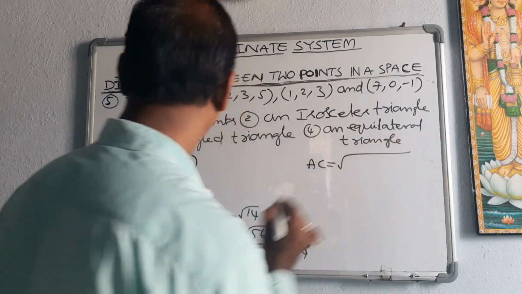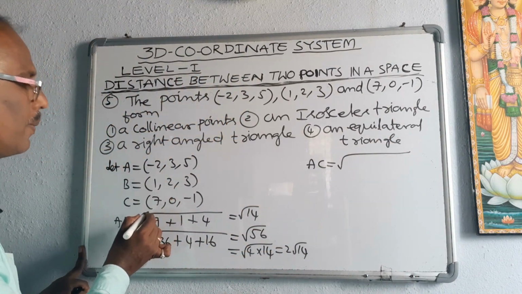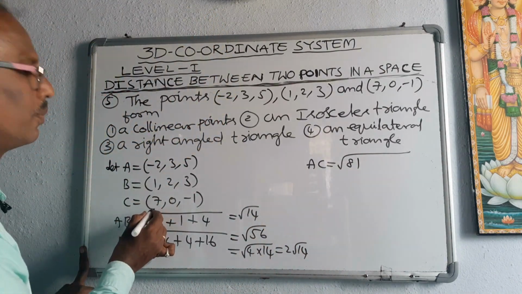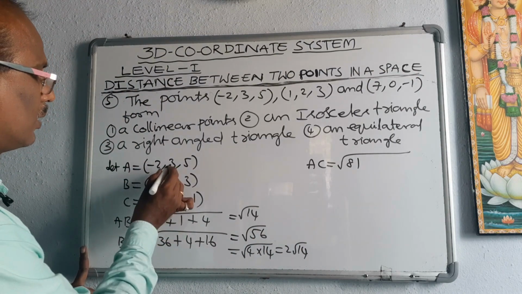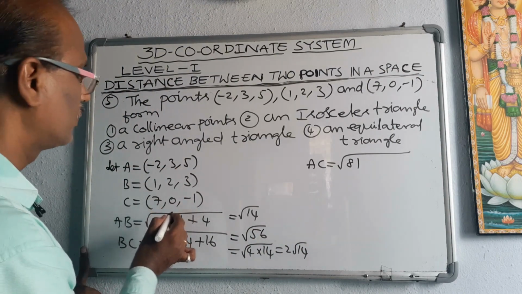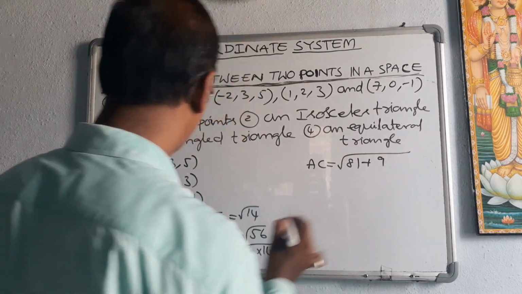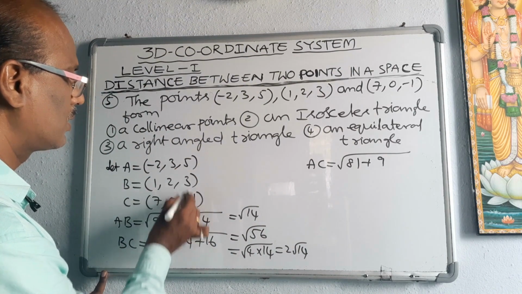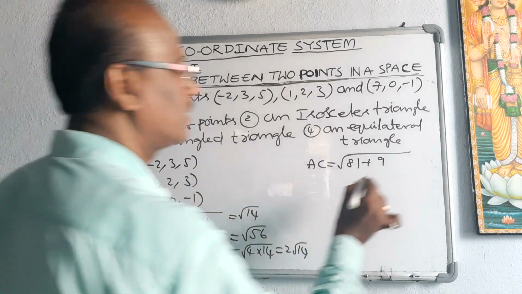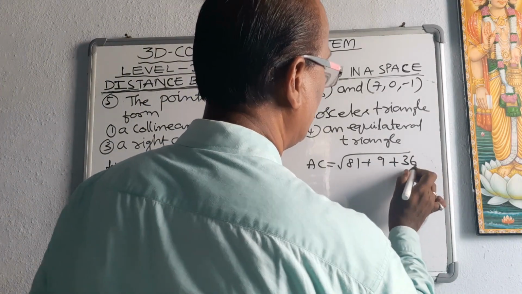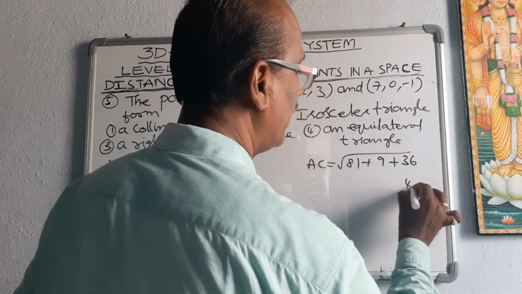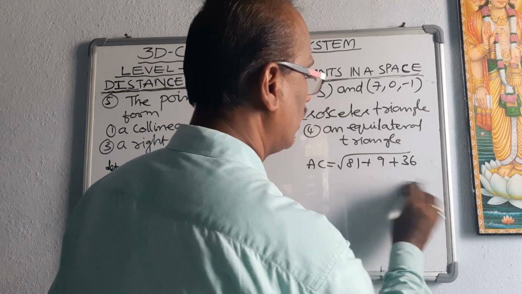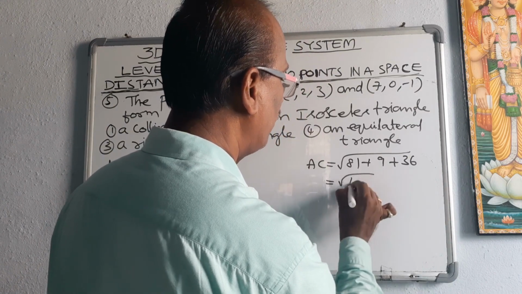AC distance: (minus 2 minus 7) minus 9 whole square, 81, plus (3 minus 0) whole square, 9, plus (5 minus minus 1) that is 5 plus 1, 6, 36. 36 plus 9 is 45, 45 plus 81 is 126, square root of 126.